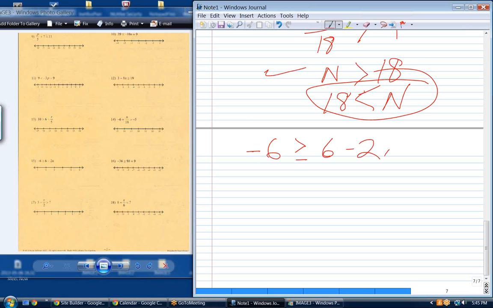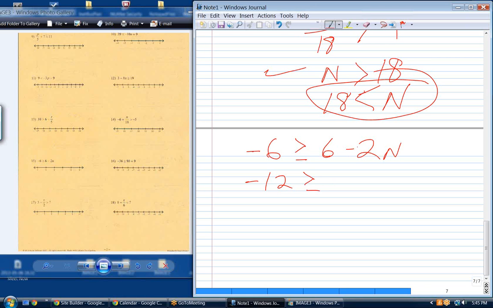Okay, so first you would do negative 6 minus 6, which is negative 12, divided by 2, negative 2. Hold on. Finish the second line. Oh, okay, so it'd be negative 12 is greater than or equal to 2n.